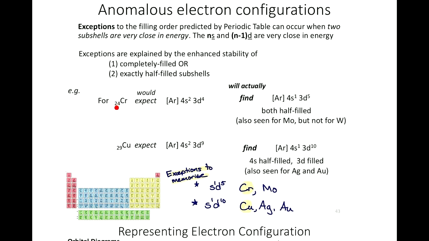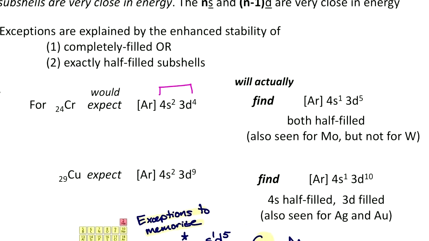This is what the anomalous electron configuration is. If we did the electron configuration for chromium, just like we did before, we would get 4s2, 3d4, because chromium is just 4 over. But this configuration isn't very stable. So what we'll actually find is that one of the electrons in the 4s orbital is going to jump ship to the 3d subshell. So you'll find 1 electron in the s subshell and 5 electrons in our d subshell.